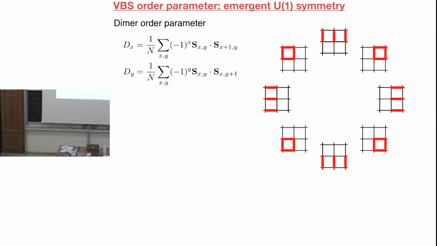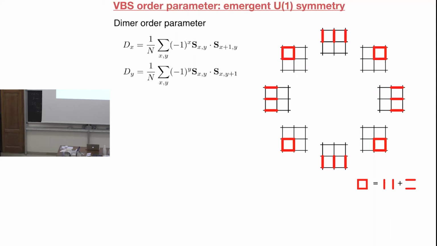And in fact, there are some other VBS-like states at other angles. So if you imagine this square here as a superposition of horizontal and vertical dimer pairs, then if you start to add fluctuations to this kind of phase, you can basically go to this kind of phase sort of continuously by adding more and more fluctuations.